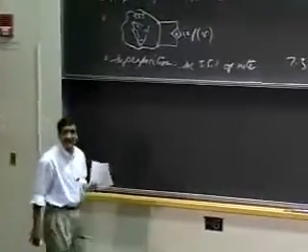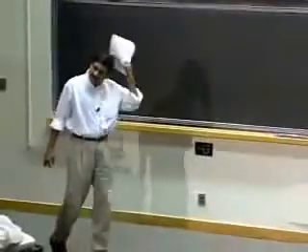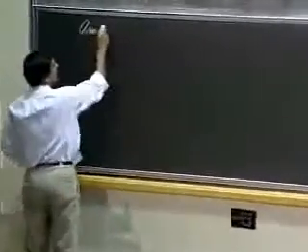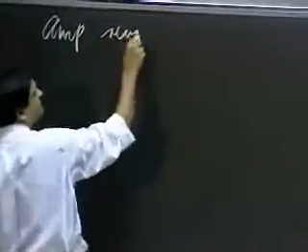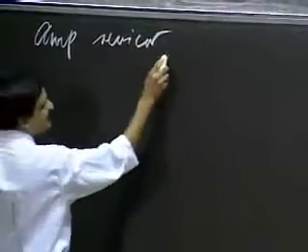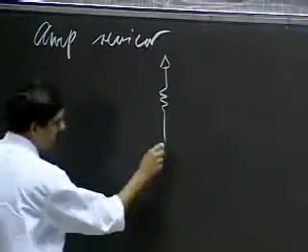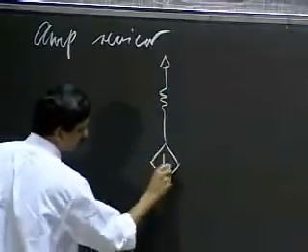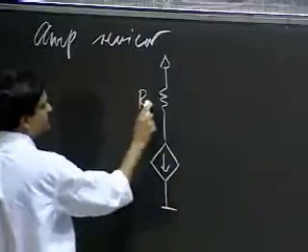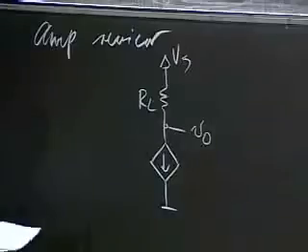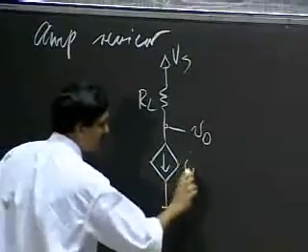Since we are going to build up on the dependent source amplifier, let me start with a quick review of that amplifier. We built our amplifier as follows. We connected our dependent source in the following manner.